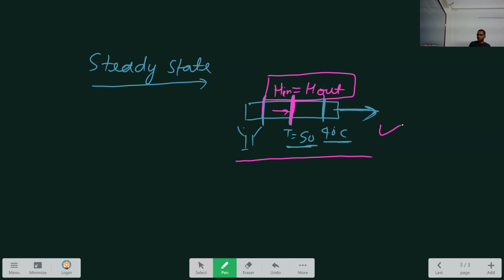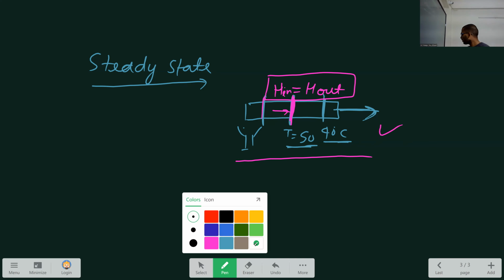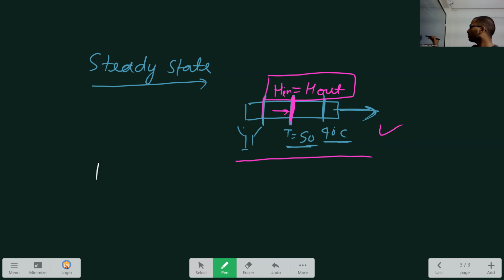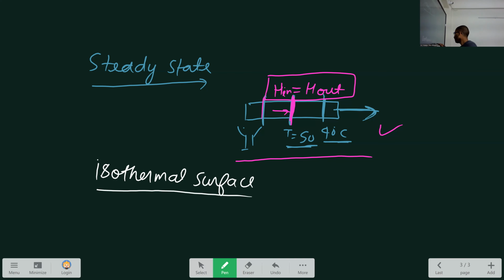Now the next very important topic is the isothermal surface. What is an isothermal surface? Let's understand the rod in a three-dimensional way. Suppose this is our rod.